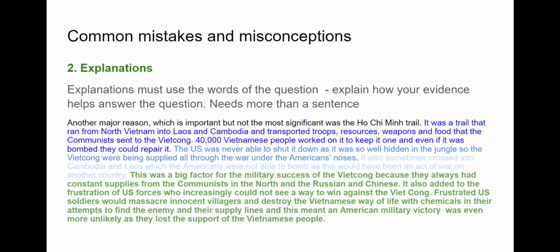If you read through, we talk about how the Ho Chi Minh Trail, first of all, frustrates the American forces, and then secondly, because they're so frustrated, they get involved in massacring innocent civilians and using chemicals to destroy jungles, and that leads to them losing the support of the Vietnamese people. So it's actually a really comprehensive explanation of how the Ho Chi Minh Trail leads to Viet Cong successes and American failures. Just notice how long that is and aim for more than one sentence in your explanation.